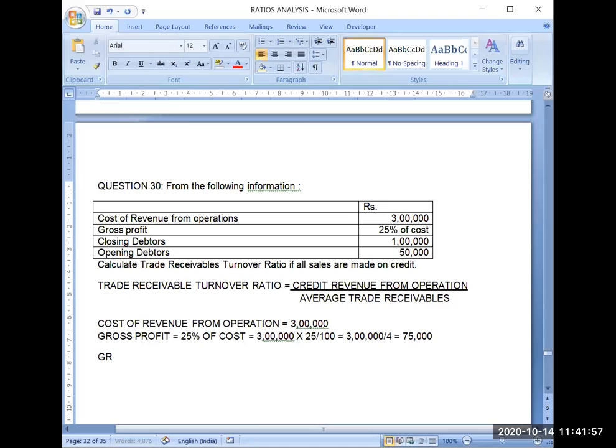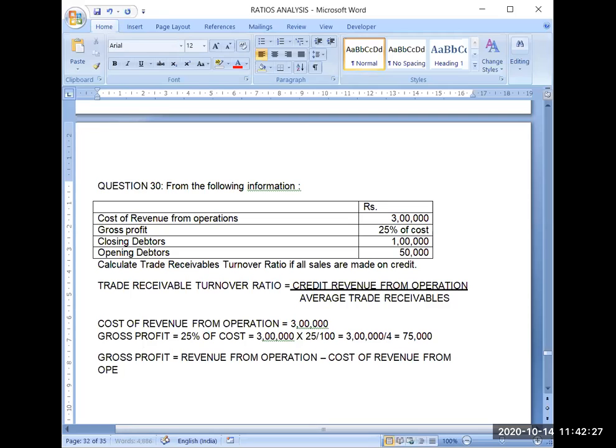Now the gross profit formula is, if you remember, revenue from operation minus cost of revenue from operation. Sales minus cost of goods sold. Last year you have done this formula. Same it is here.